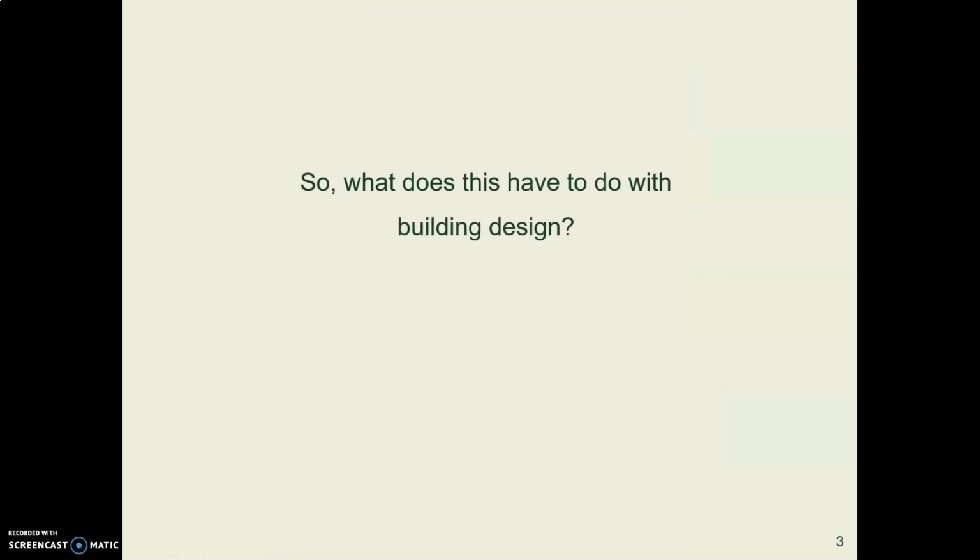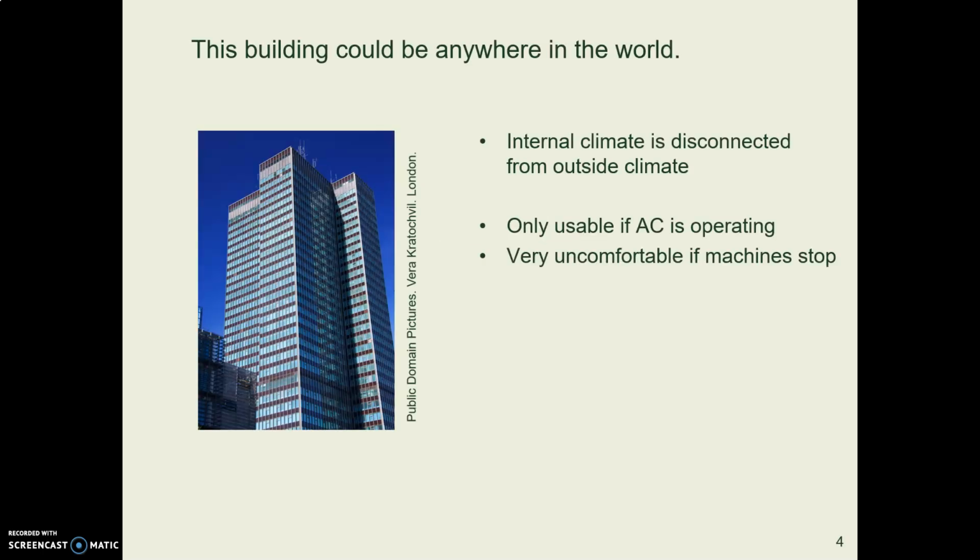So, what does that have to do with designing buildings? Last time we saw this building, it's an international style, this building that could be any place in the world. And it came from that age when we were designing things with thin glass skins and driven by air conditioning inside. So this could be any place in the world.